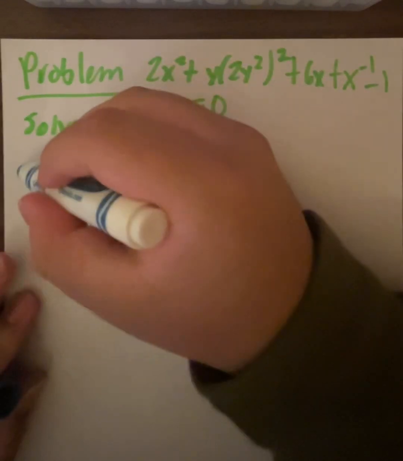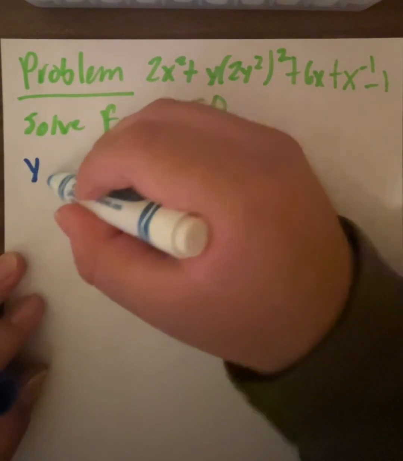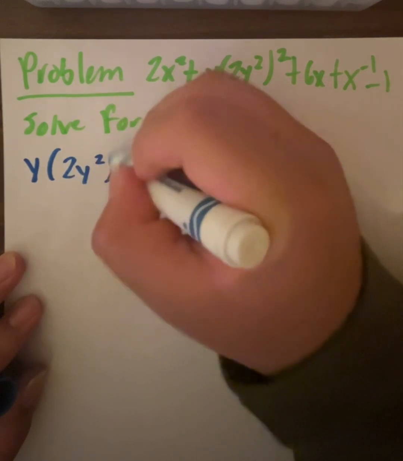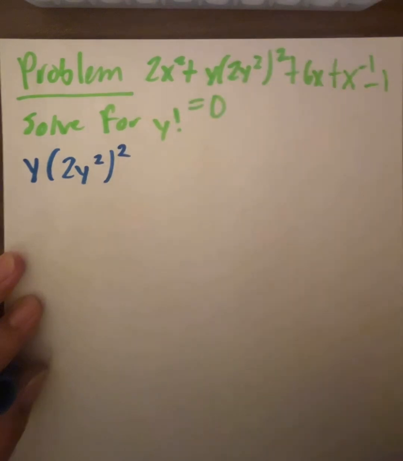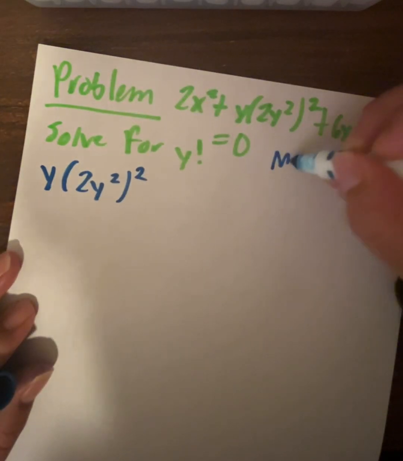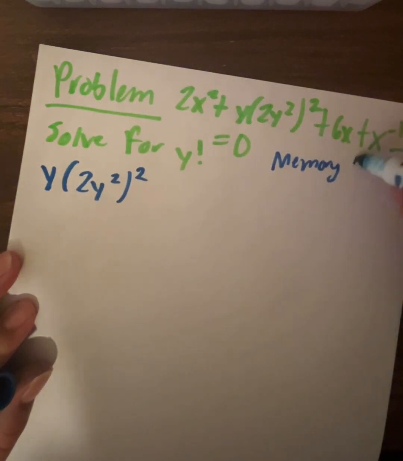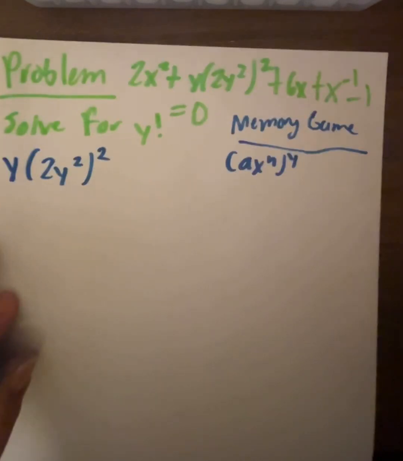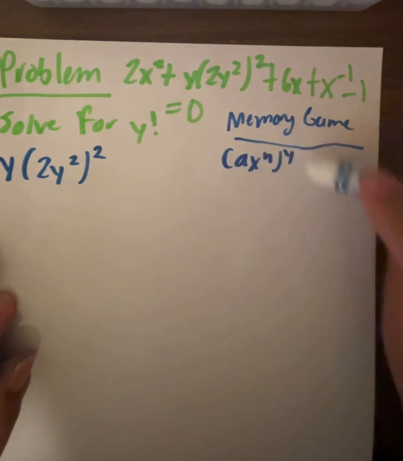So we will have y times 2y squared, where 2y squared is squared. And so what do you do here? Well, remember our memory game. We have something written in this form right here.